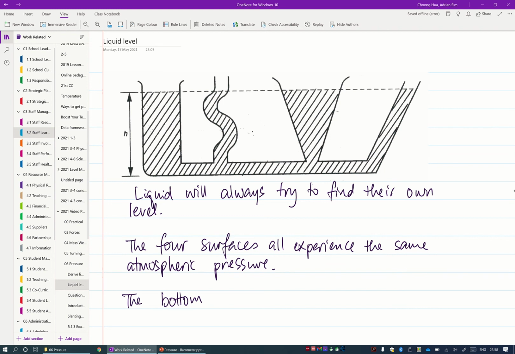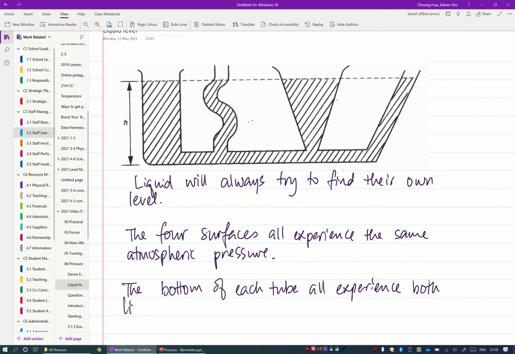The bottom of each tube all experience both the same liquid and atmospheric pressure. Hence, all have the same vertical height.